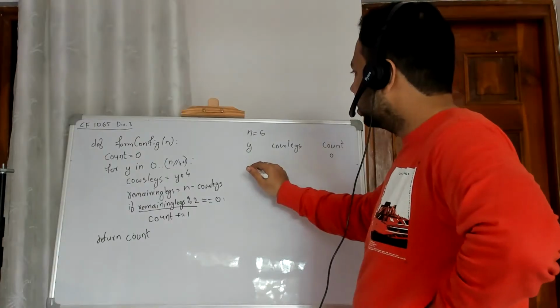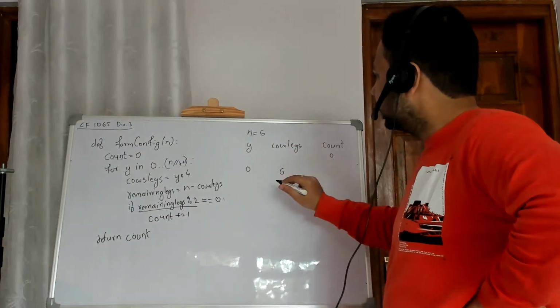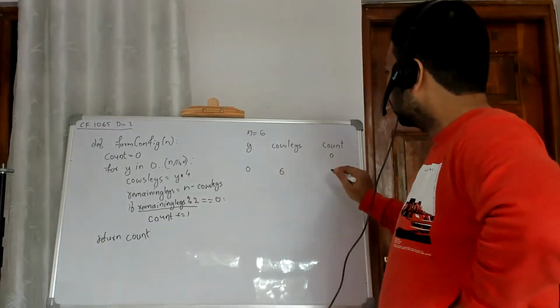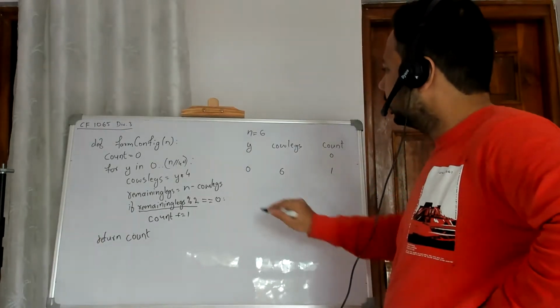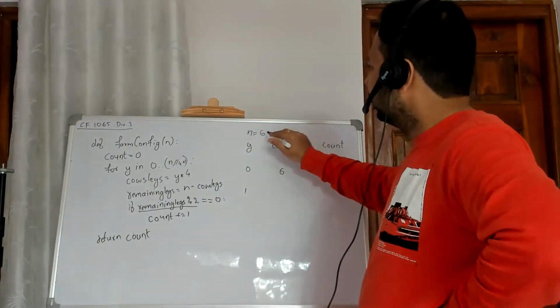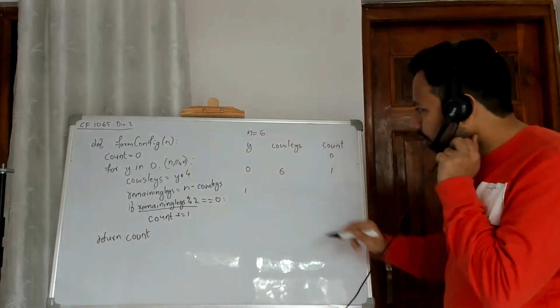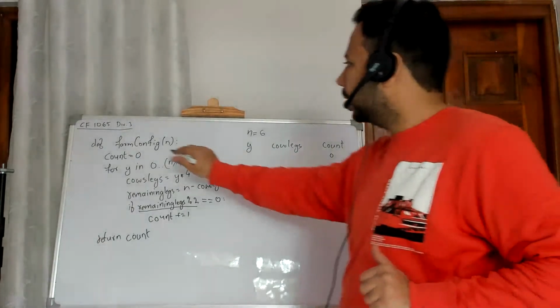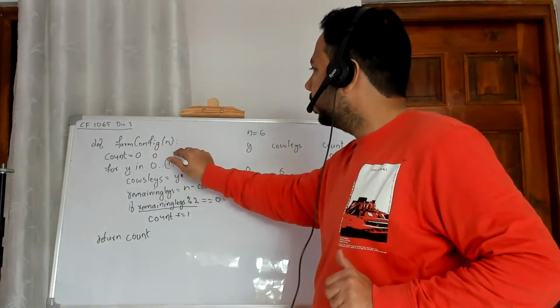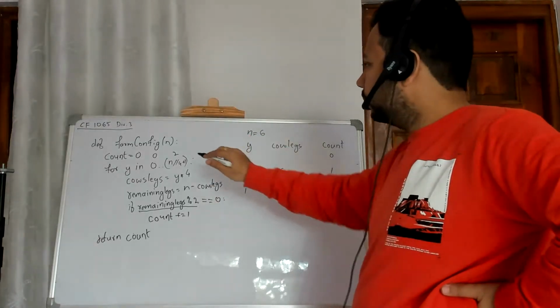First step, y becomes 0. Cow legs become 0, and 6 is divisible by 2. So count becomes 1. Then y becomes 1. The maximum is n by 4 plus 1, that is 2. So this range is from 0 to 2, and 2 is excluded, so you just go 0 and 1.